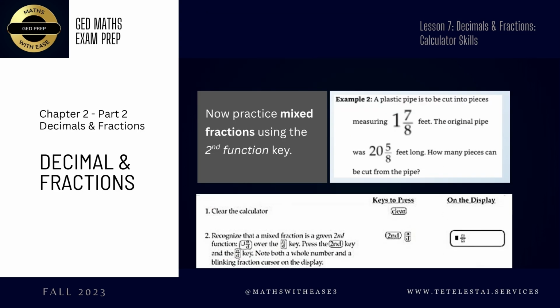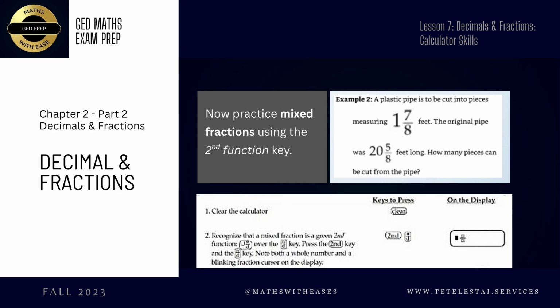All right, so now in terms of mixed fractions, as I said earlier, you would need to use the second function key. And this example walks us through how to use that. So here we're being told that a plastic pipe is to be cut into pieces measuring 1 7/8 inch.